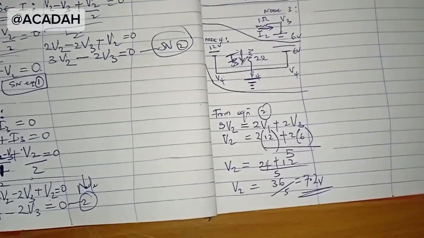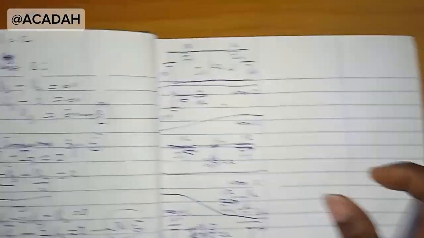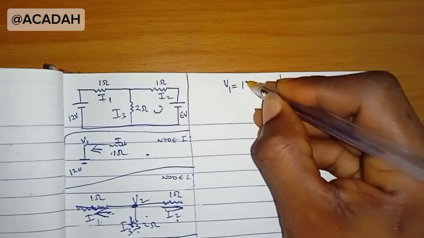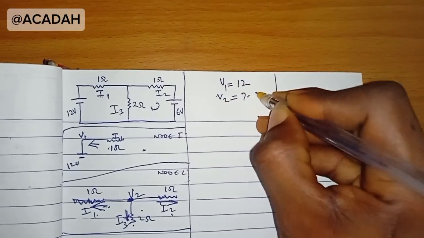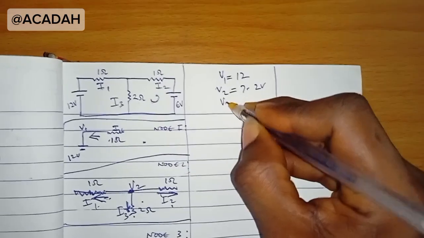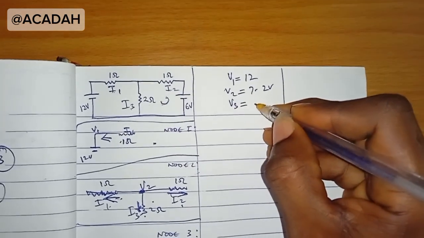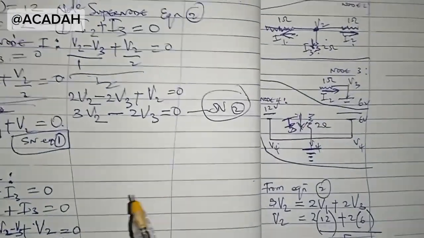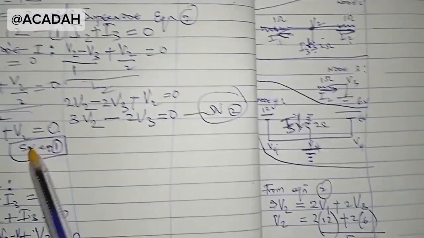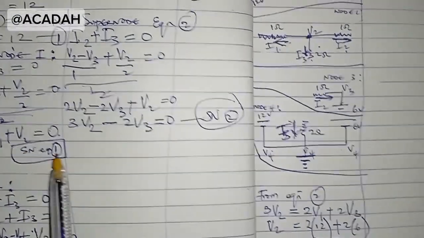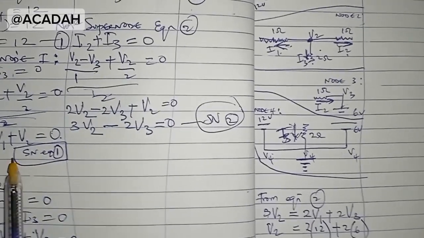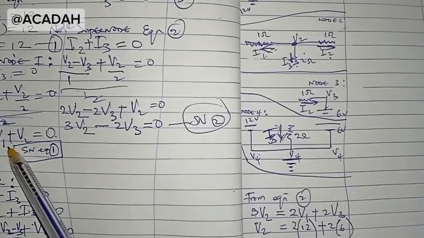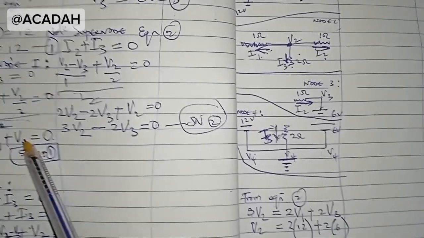So now that you've gotten V2, we've gotten V1 to be equals to 12, V2 to be equals to 7.2 volts, V3 to be equals to 6 volts. One common mistake some students might make is that when they got this super node 1, you might be in a hurry because you already know too much. You say, since I have V1 as 12, let me use this to find V2.